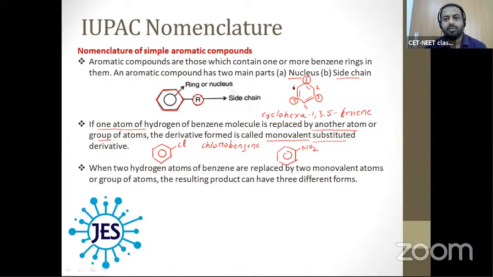In the chat section, try to name it. See, the first one I named chlorobenzene, chlorine atom attached to benzene. Here, nitro group attached to benzene.